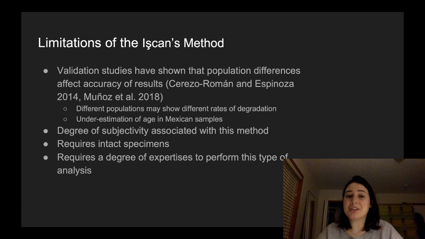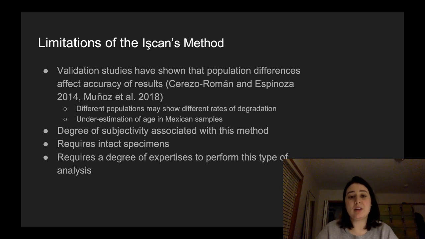So the limitations of the ISCAN method are that they were performed on a subset of a group, so white individuals, and that has shown through validation studies to skew the results of other groups.